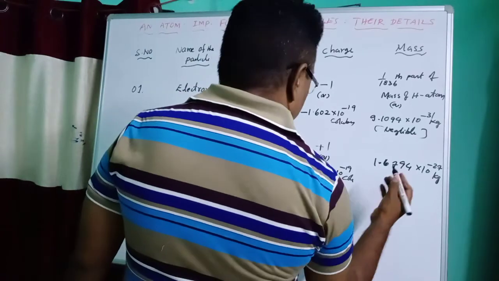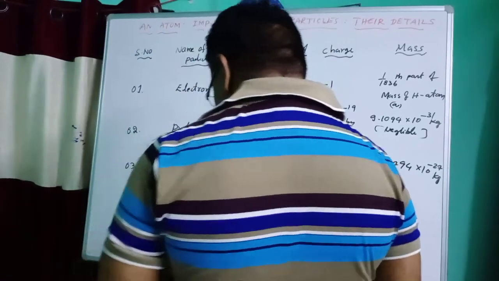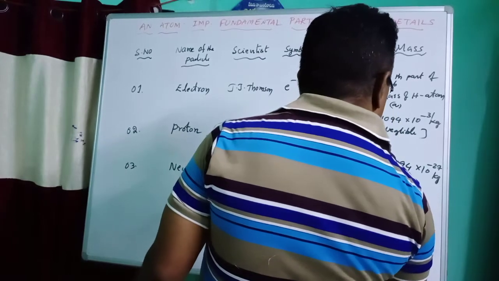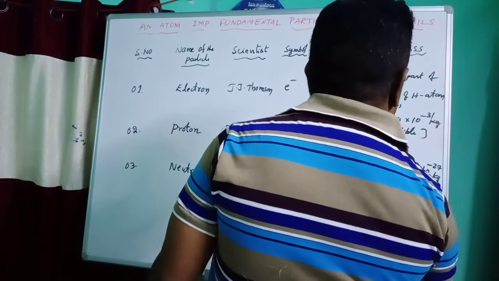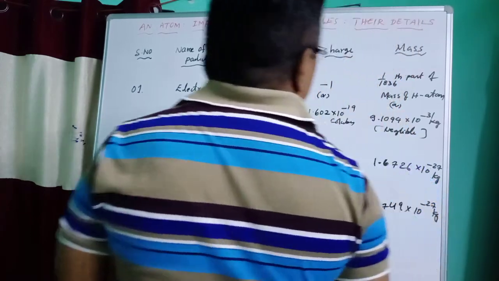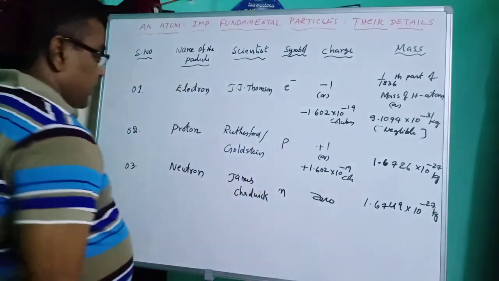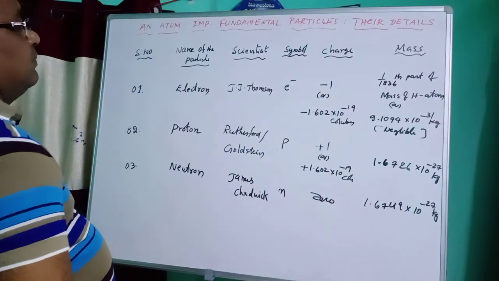Mass of neutron is 1.6749 into 10 to the power minus 27 kgs. So these are the fundamental particles of the atom.